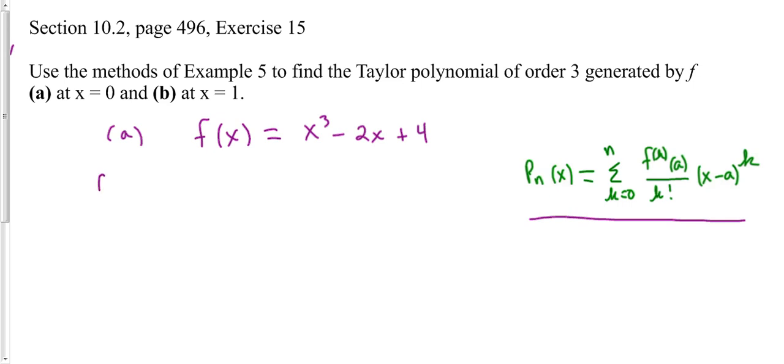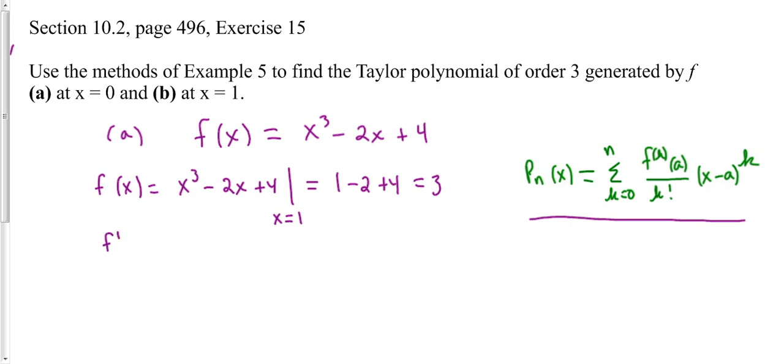So we're going to start with our f of x, which is equal to x cubed minus 2x plus 4. And I'm going to evaluate that at x equals 1. And so that's going to give me 1 minus 2 plus 4, which is going to be equal to 3.